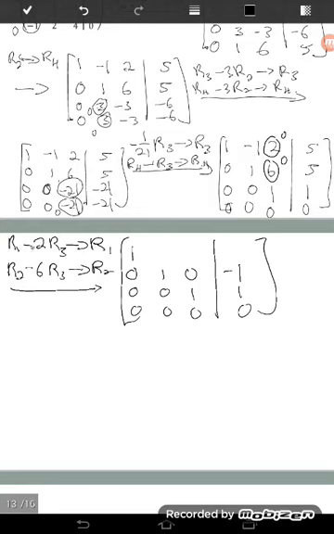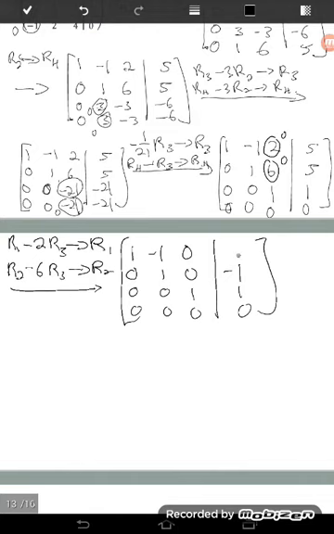Negative 1 minus 2 times 0 becomes negative 1. And then 2 minus 2 times 1, 0. 5 minus 2 times 5, negative 5.